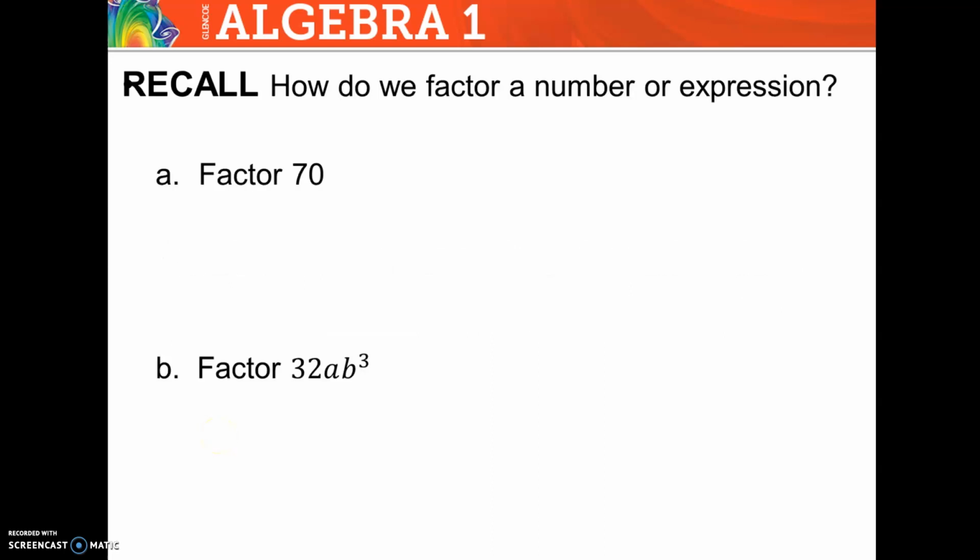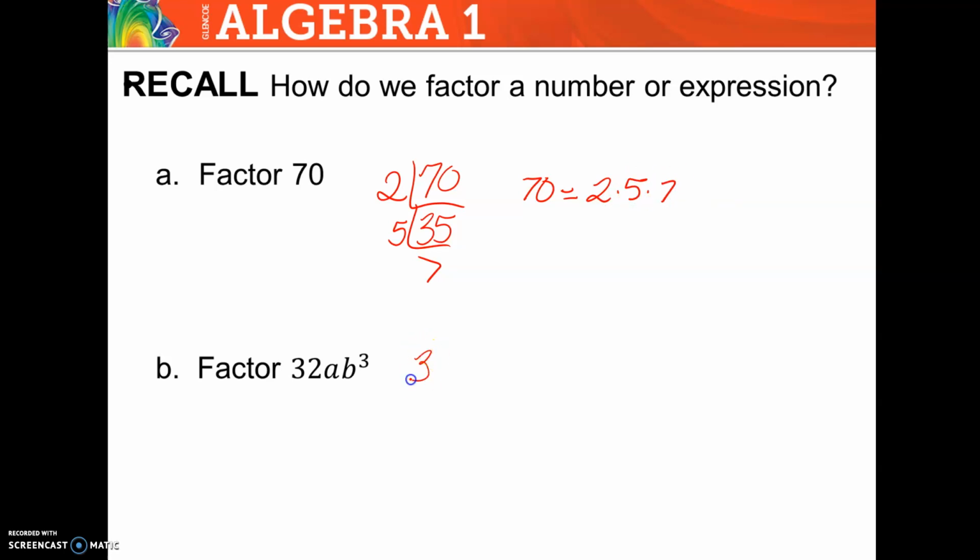If I factor 70, we factor it into all prime numbers. So the factors of 70 would be 2 times 5 times 7.